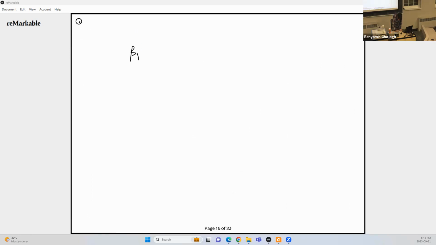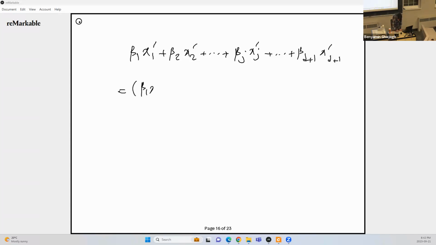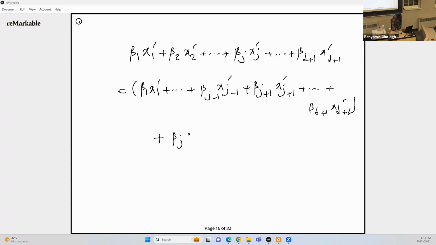So I have beta 1 x1 prime, beta 2 x2 prime. Somewhere in between, I have beta j xj prime, then beta d plus 1 xd plus 1 prime. Agreed? Can I write it as this? Beta 1 x1 prime until beta j minus 1 xj minus 1 prime, plus beta j plus 1 xj plus 1 prime until beta d plus 1 xd plus 1 prime, plus beta j xj prime.